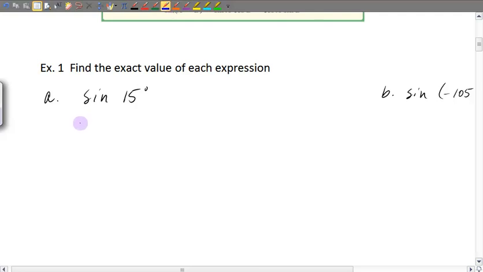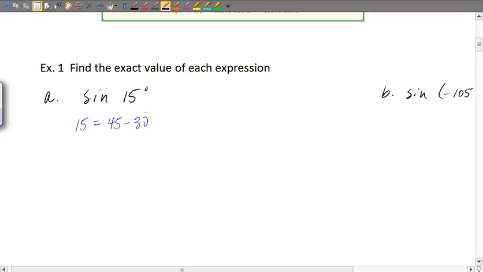Well, I'm going to say that 15 is equal to 45 degrees minus 30 degrees. So remember, I'm choosing angle measurements that exist already on my unit circle because I can take the sine of 45 and get an exact value. I can take the sine of 30 and get an exact value. So that's why I chose these two values here.